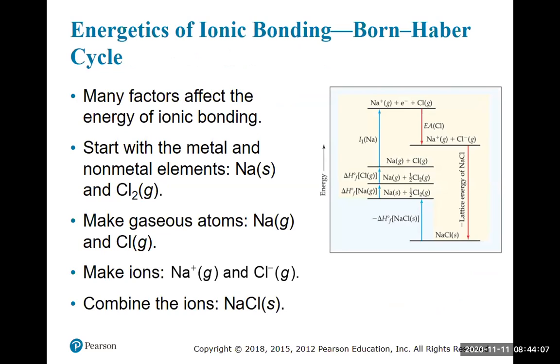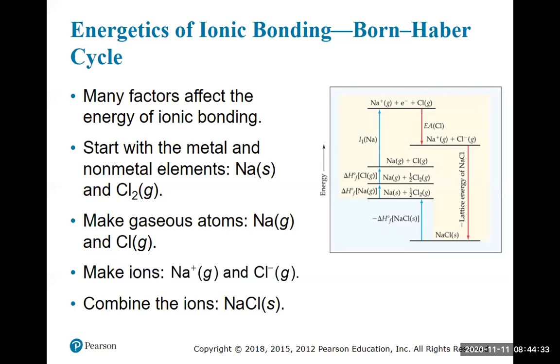This slide walks you through the different steps of ionic bonding, where you start with the metal and the nonmetal. The metal is usually a solid, and the nonmetal is usually a gas. In this case, sodium is the solid, and chlorine is the gas.